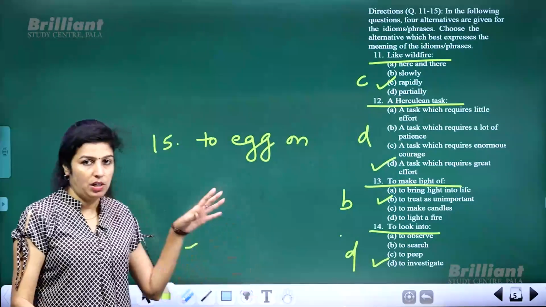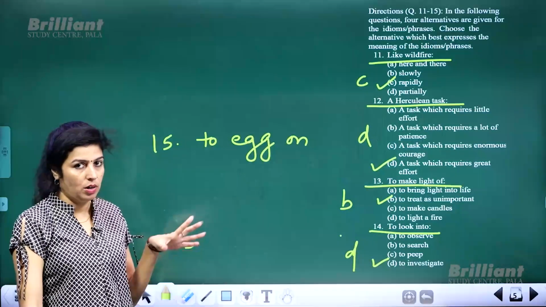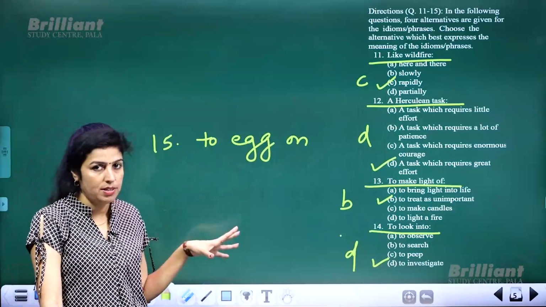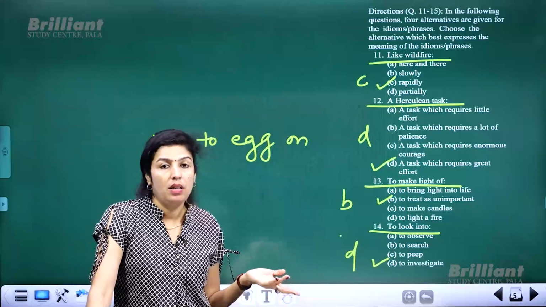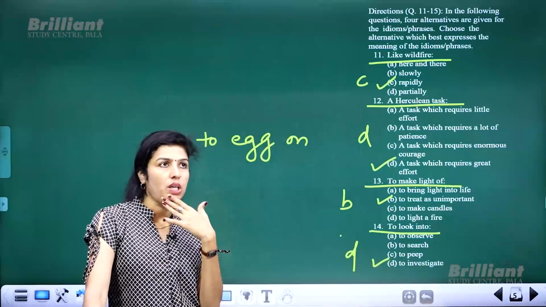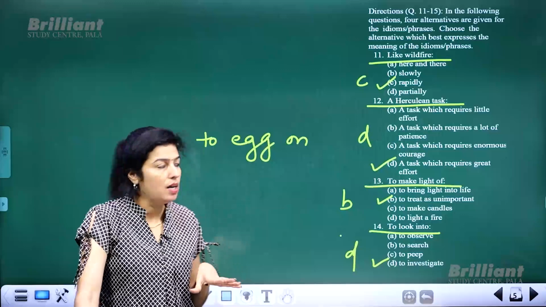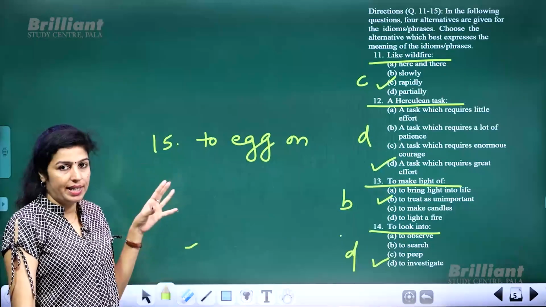I'm just giving you the meaning of this phrase now. I don't remember all 4 options. I guess one of the options was to convince, another option was to analyze, something like that. So, anyway, I'll just give you the correct answer.